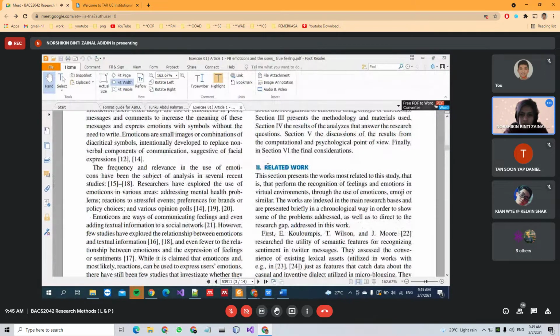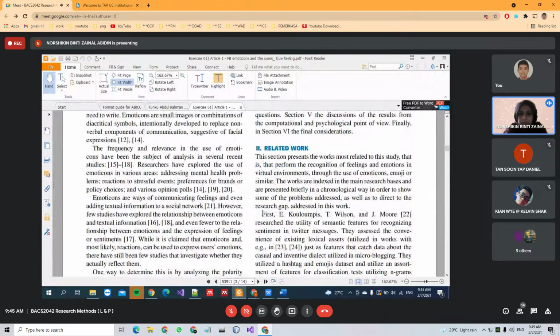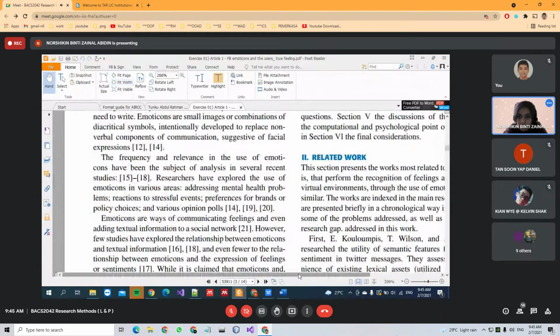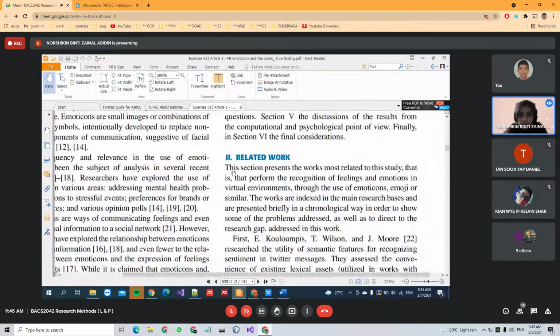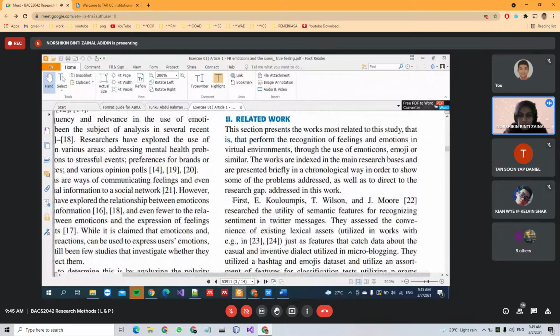Related work is known as LR. So, for example, here, we take this one, the related work or the LR. Here you can see the writer of this paper found something from another paper that is related to his work.